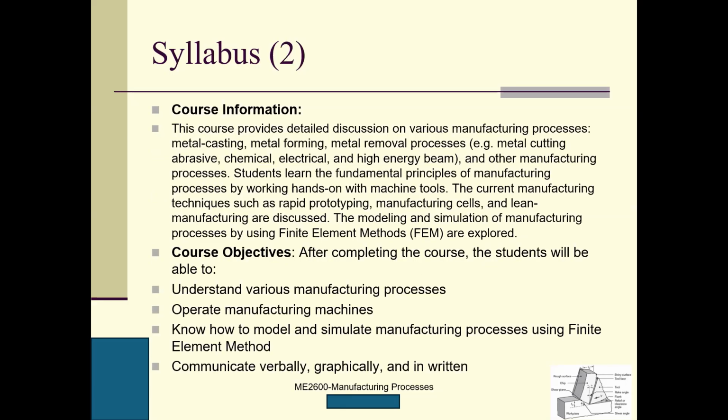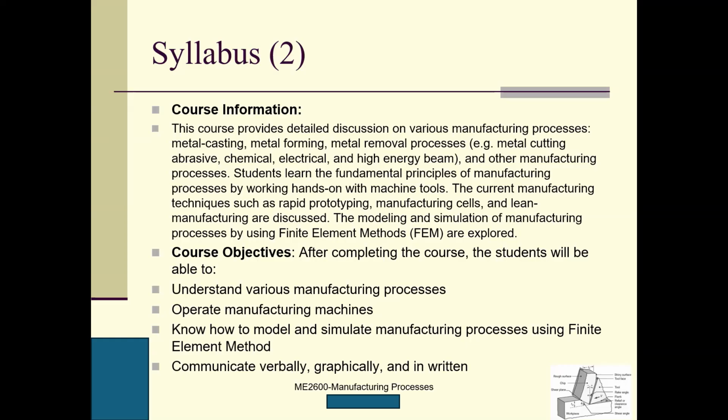So course information: what is this course about? This course provides a detailed discussion of various manufacturing processes, for example, metal casting, metal forming, and material removal processes, e.g. metal cutting, abrasive, chemical, electrical, and high energy beam.